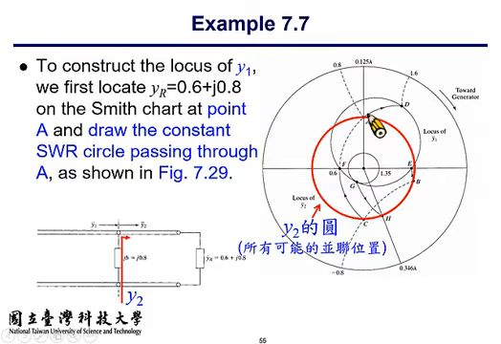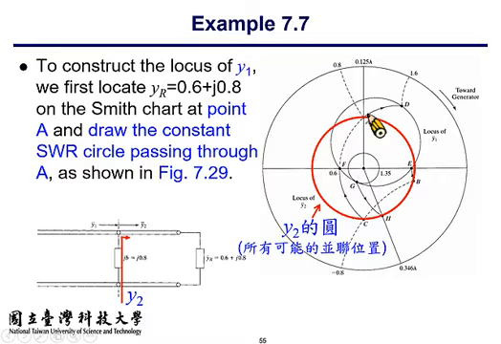So, for example, if you are located at point C, the admittance is 0.6 minus j0.8. So if you connect the shunt susceptance at this position, it will give you a positive j0.8.